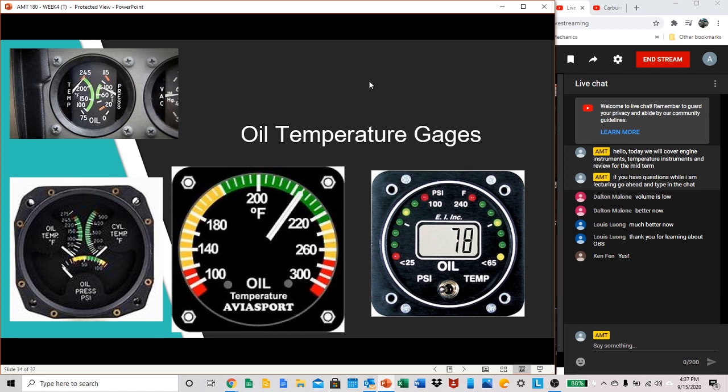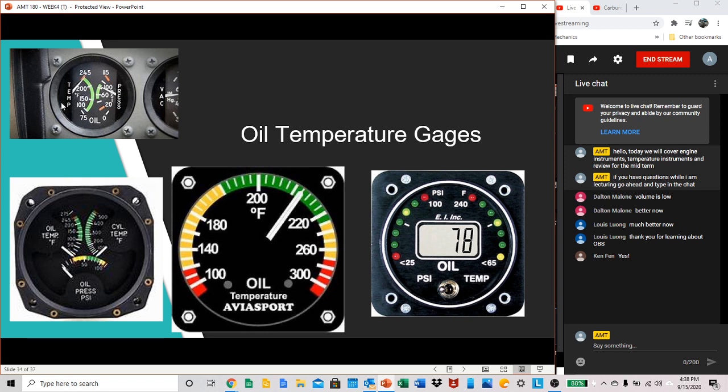That's pretty much standard. You can see some version of those color range markings, which again, I think we went over some of this, might have been in oil pressure, but we have our max and min, our red lines here. We have our caution areas. You don't want to go below or above, or you should be paying attention to that. And then we have our operating range. That's our nominal range that we really do want to be in.